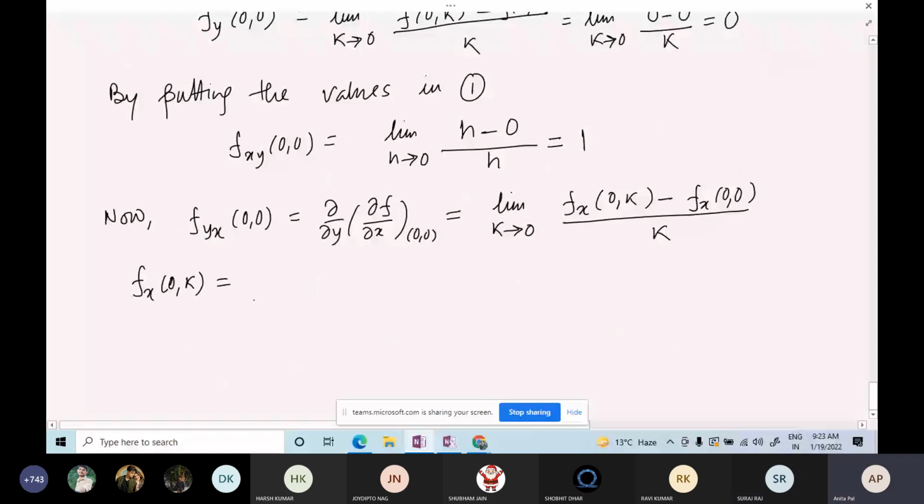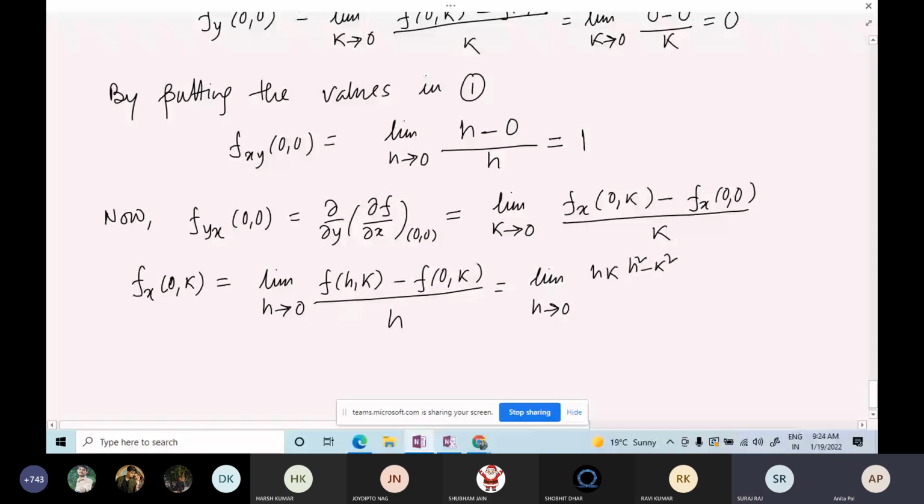As per the formula, it will be limit h tends to 0 of f(h,k) minus f(0,k) divided by h. What is f(h,k)? It is hk(h² minus k²) divided by (h² plus k²). What is f(0,k)? It will be 0 only, divided by h.